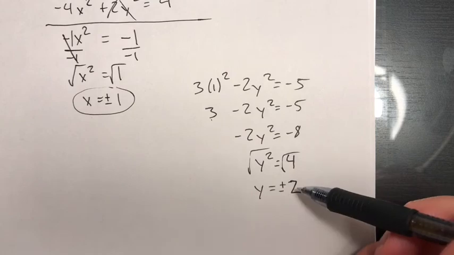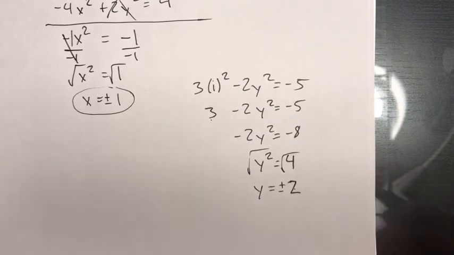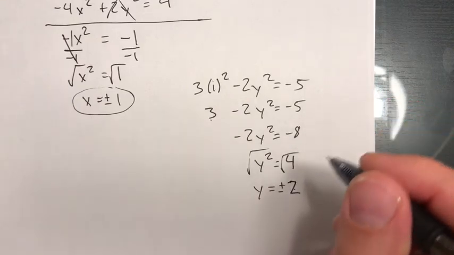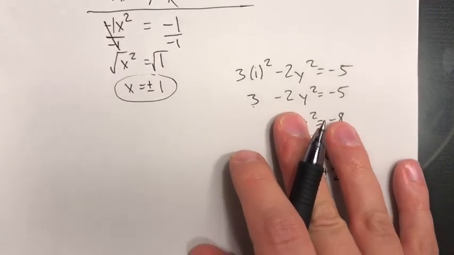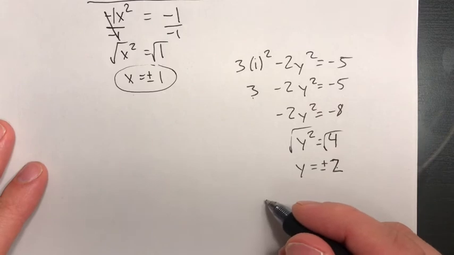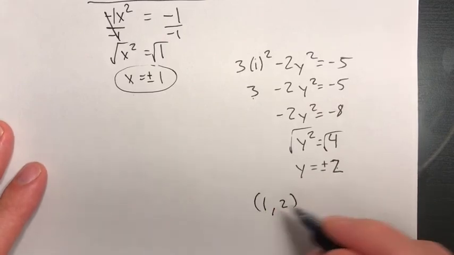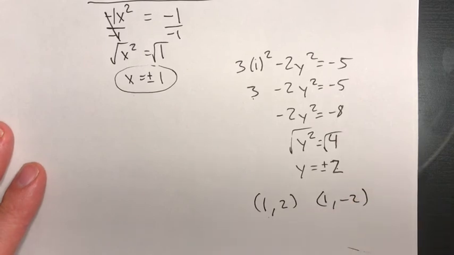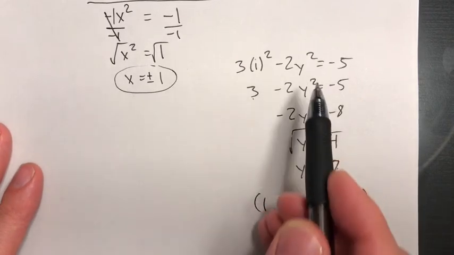So 1 gives me a 2, but 1 also gives me a -2. The way I'm going to show my work here, in coordinate point form at least, is to put my coordinates down here: (1, 2) and (1, -2). So technically I have 2 points there, and I haven't even plugged in the -1 yet.